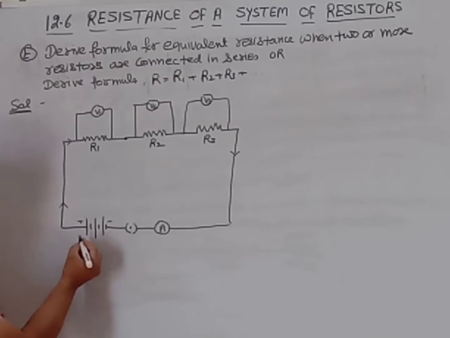Let the potential difference of the whole circuit, that is the battery, be V and the resistance of the whole circuit be R.